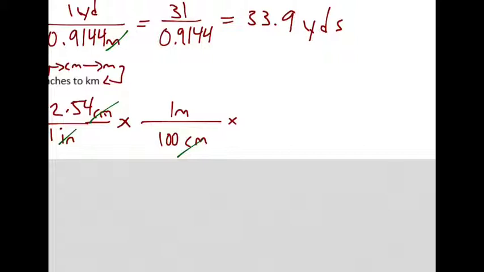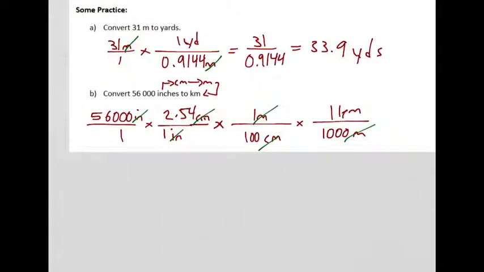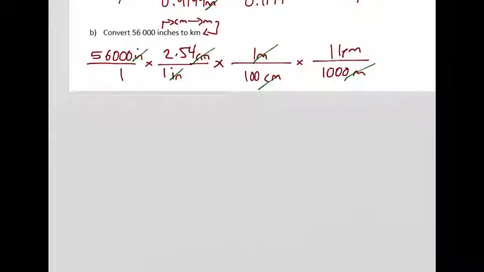We want to go meters to kilometers. How many meters in a kilometer? 1,000. So 1,000 meters goes on top or bottom? Bottom. Remember, you want to cancel the meters from over here. And a kilometer on top. And the meters cancel because you have one on top, one on bottom. Now we multiply everything. You can start to see the magic of dimensional analysis now, right?